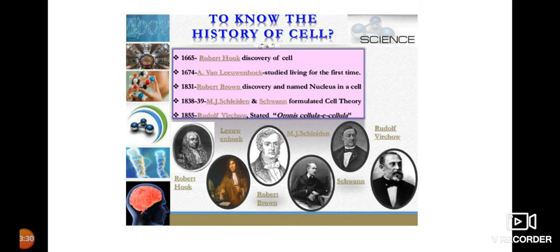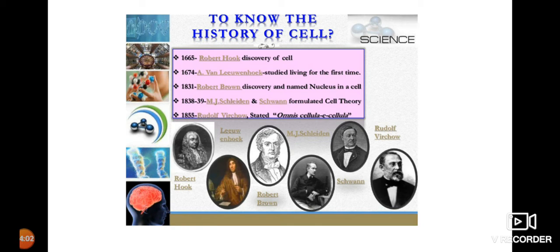Secondly, it's about Antony von Leeuwenhoek, who observed the cells in living organisms for the first time in the year 1674. Now, in the year 1831, Robert Brown discovered and named nucleus. In 1838 and 39, Schleiden and Schwann formulated the cell theory.